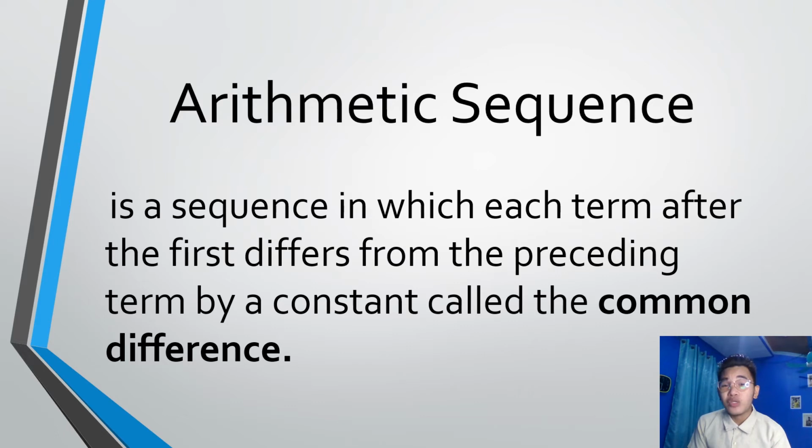It is a sequence in which each term after the first differs from the preceding term by a constant called the common difference. In an arithmetic sequence, the terms go one after another, and the difference from the first term to the second term is a constant gap, which is called the common difference.